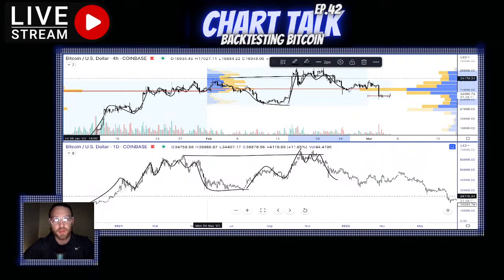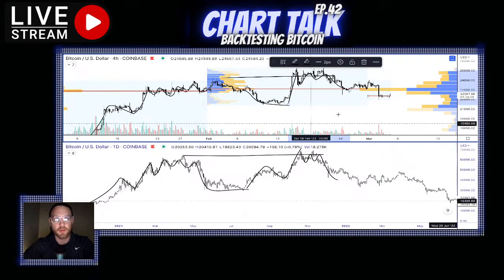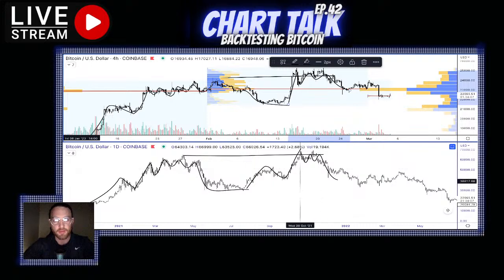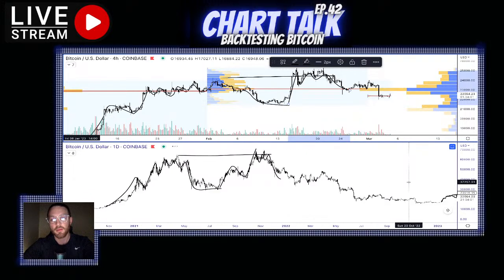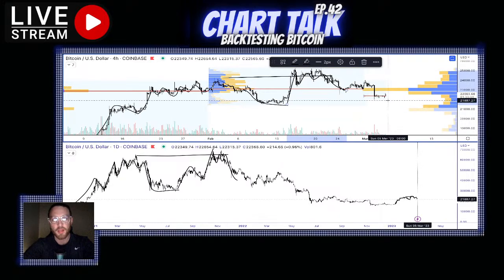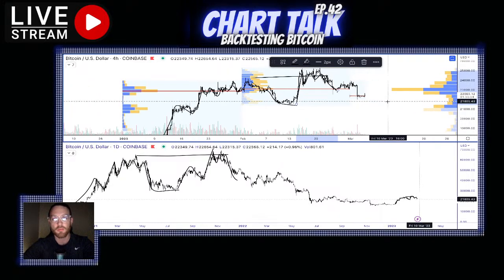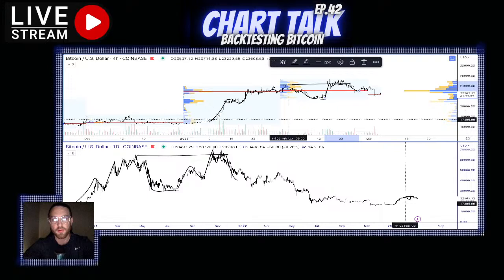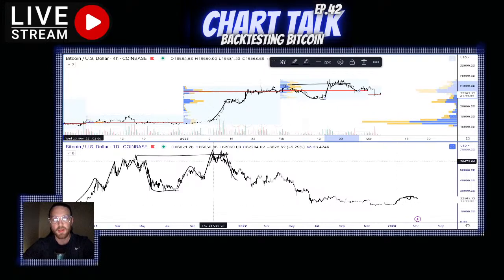But nonetheless, if this is going to play out like this did, we're going to see most likely this market continue a little bit to the downside. That would be bringing the market down into this level most likely, because this is where this run up started.